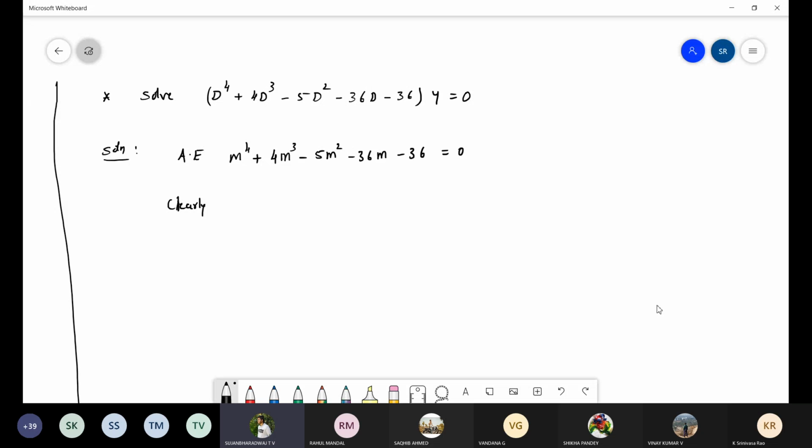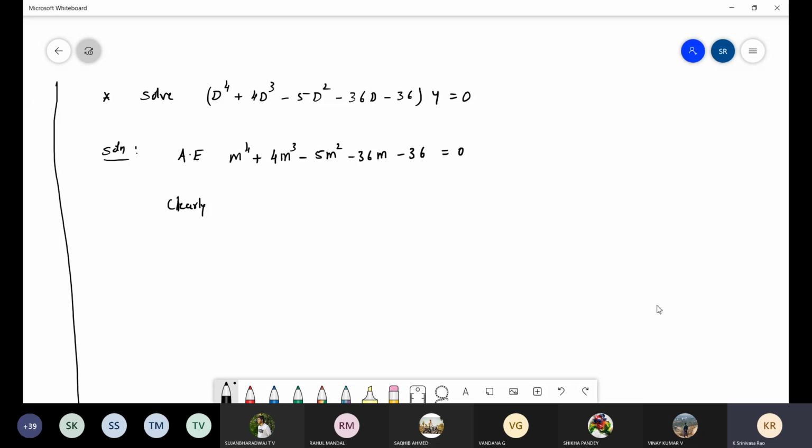So I think minus 1. Check once. Minus 1 correct? You should be very sure. Then go with plus 1. Then minus 2.